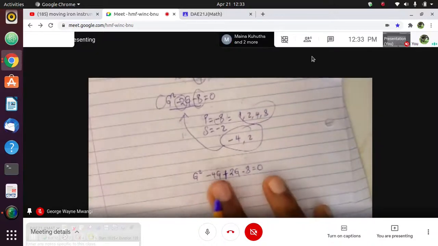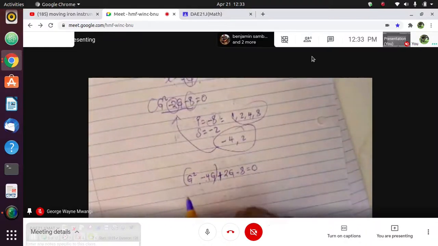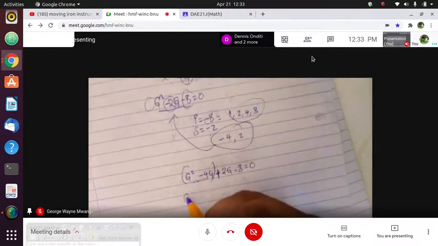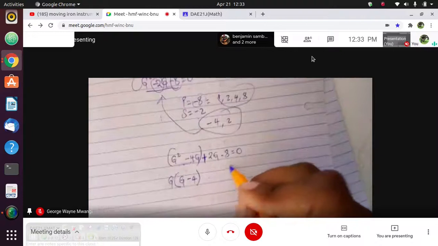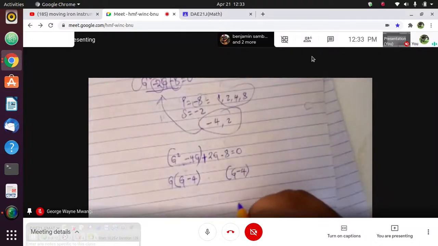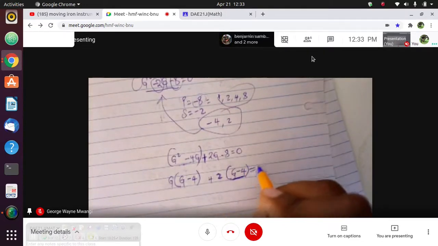In the first two terms, which is the common factor in g squared minus 4g? g. So we have g times g minus 4. On the other side, I should have g minus 4. What will I do to g minus 4 to get g minus 8? I will multiply it by plus 2, and this should be equal to 0.